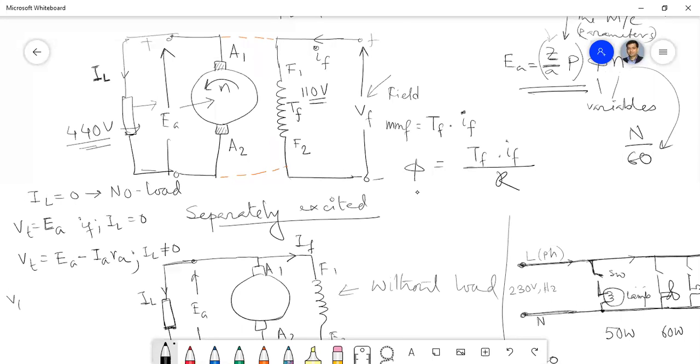And sometimes we also consider a voltage drop across the brush, because the brush being a semiconductor type material, the voltage across the brush is almost fixed at 2 volts. So this is the more general expression for the DC generator.